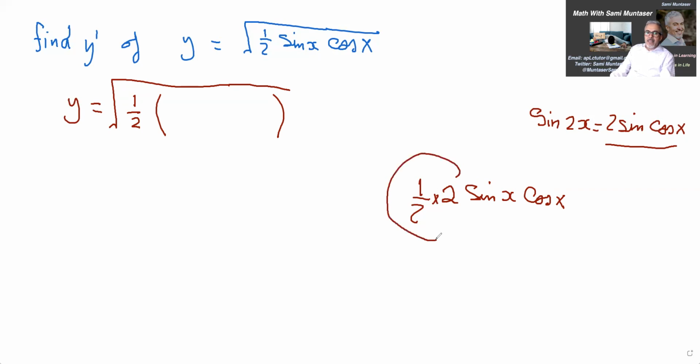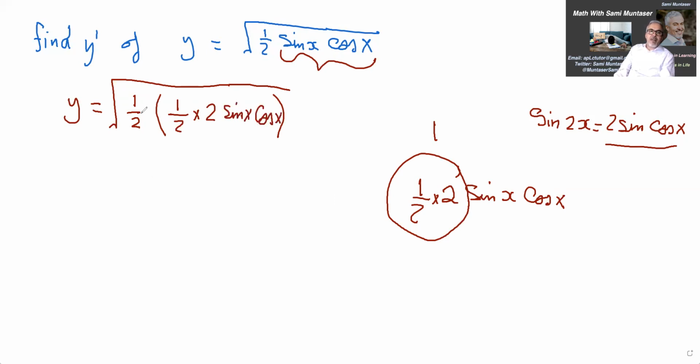And since this is 1, multiplying by sine x, 1 times sine x cos x will just give you sine x cos x. But of course, we're not going to put 1, we're going to put half times 2. That's 1. That's going to change the look of this. And then we have the sine x and the cos x right there.